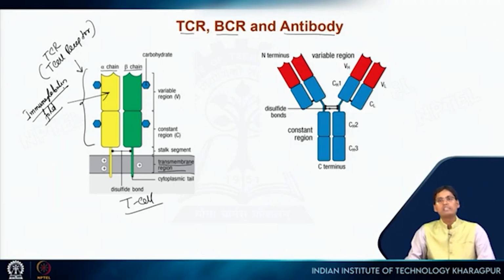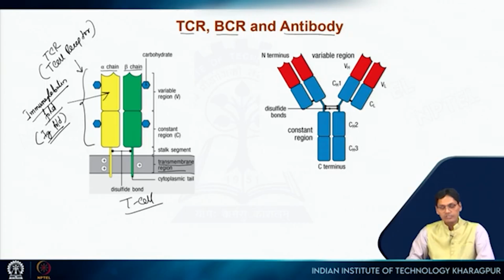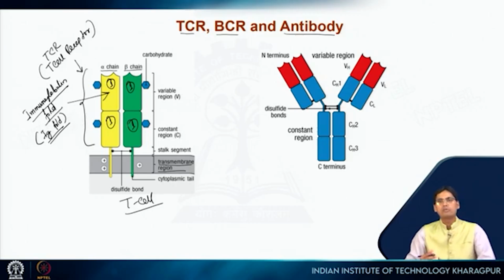Since the same fold is also present in antibody, this overall structural fold we call the immunoglobulin fold, or simply Ig fold. So if you see, we have one Ig fold here, another here, here and here. All are Ig folds. They have some kind of structural similarity.